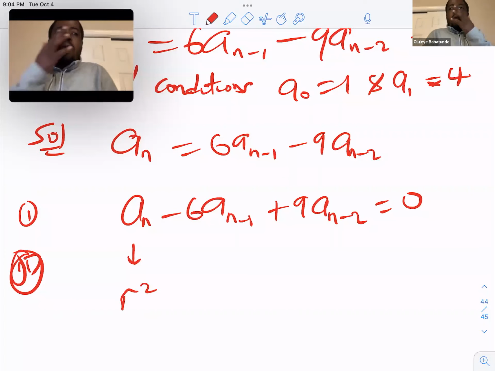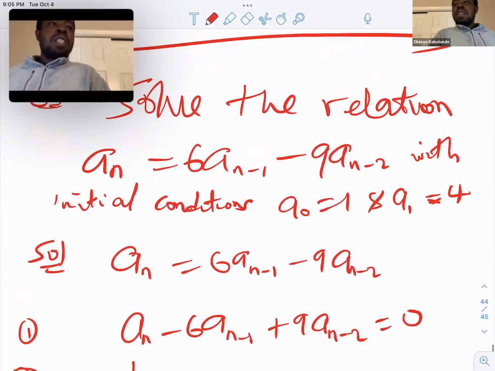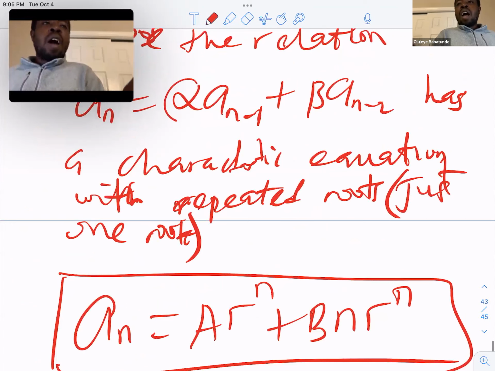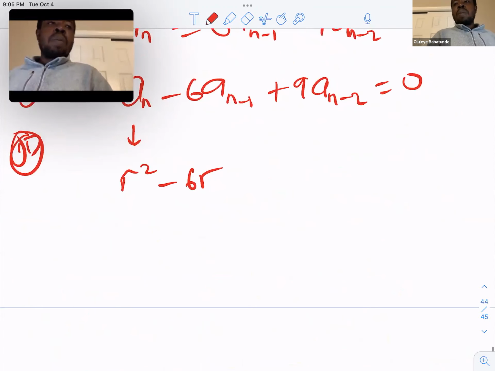You can use any variable; I may decide to use x, but let me just use r squared minus, because I've got 6 there. That's the coefficient alpha, our 6.